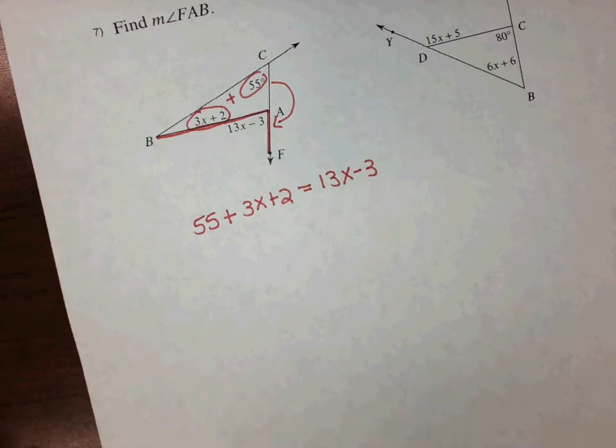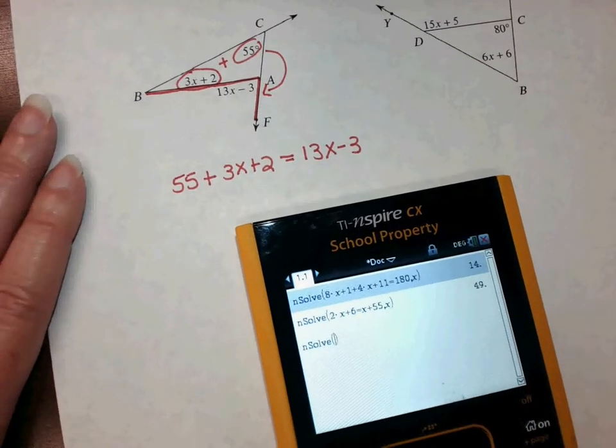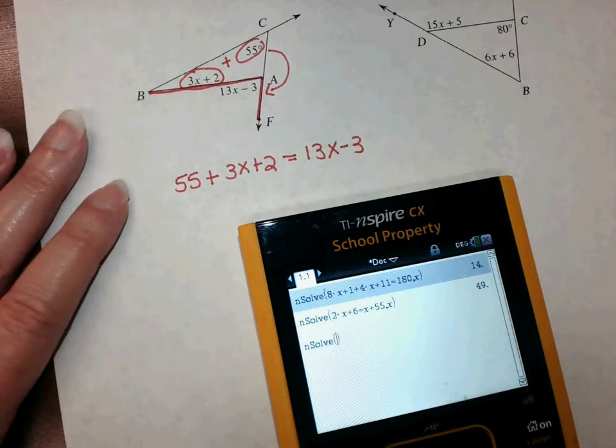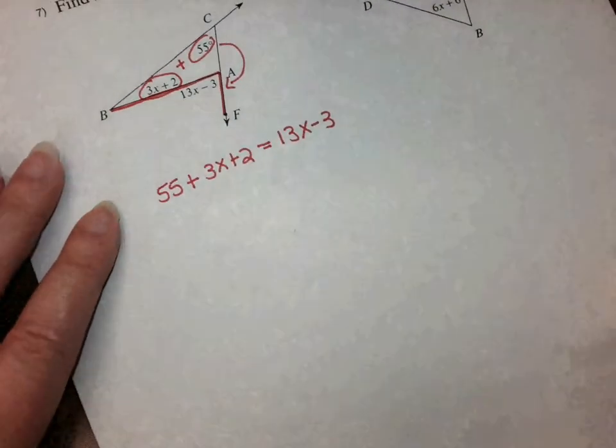We are focusing in on the angles here, so I'm going to use InSolve to solve this. 55 plus 3x plus 2 equals 13x minus 3, and I'm going to do comma x. I hit enter, and it tells me that x equals 6.